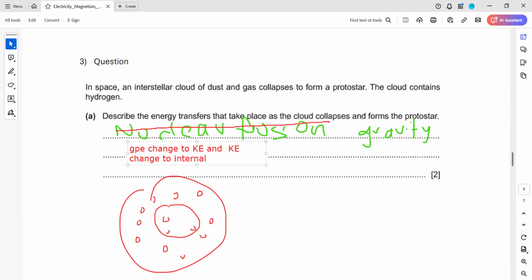heat energy, which increases the temperature to start hydrogen fusion.